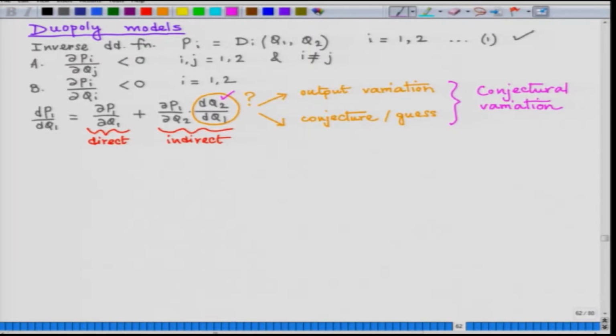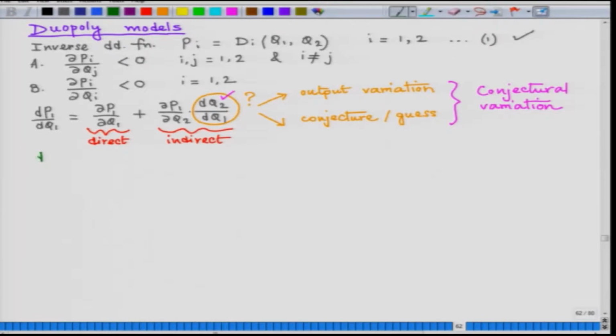So, now we are going to study the case when a firm assumes the value of the conjectural variation to be 0. So, the derivative dqj/dqi takes value 0. So, now let us see what is the implication of that. That means that if the ith firm or jth firm changes its output level, there is no response from the competitor.